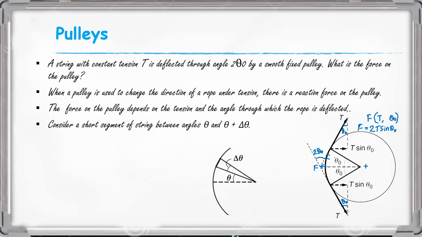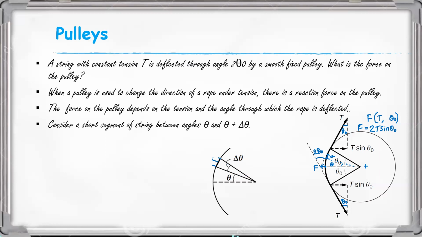Okay, here this angle must be theta, and the angle made by this arc must be delta theta. Here we consider the short segment.